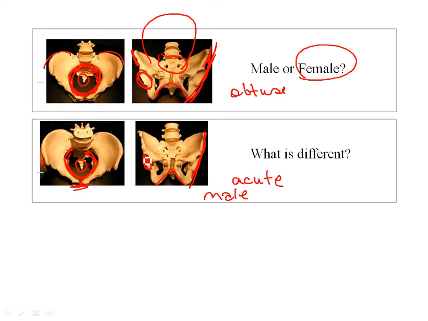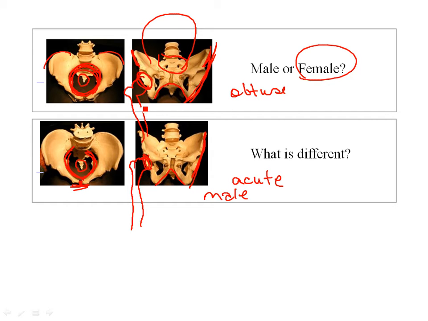On the male, that acetabulum is a little bit more straight. The head of the femur fits in there, and then the femur pretty much comes straight down. On the female, the head of the femur goes in more at an angle, so the bone itself is a little more angled in its orientation.